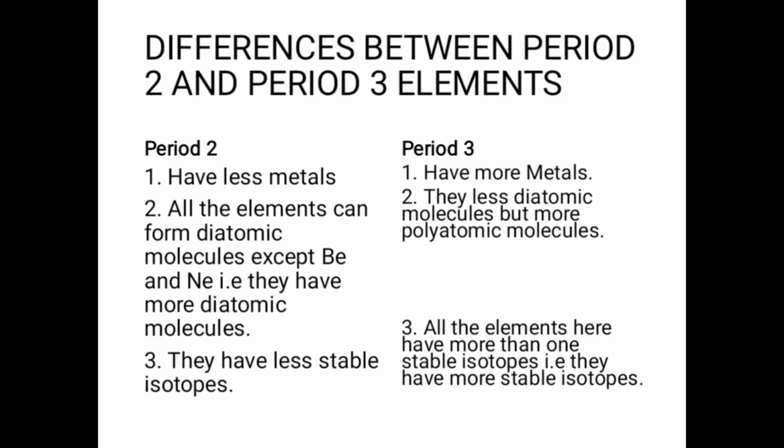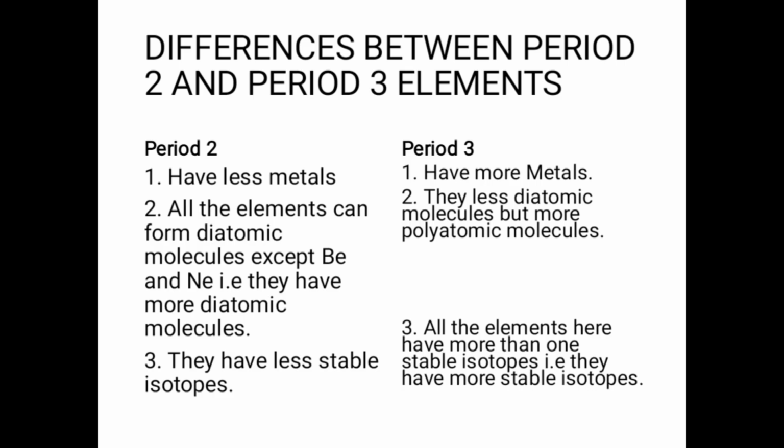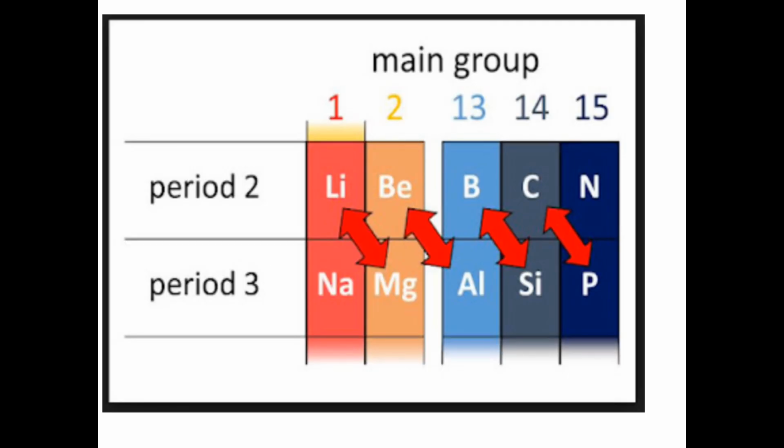But if you check period 3, you have 3 metals. So period 2 has 2 metals, period 3 has 3 metals: sodium, magnesium, and aluminium. That's number 1. Number 2, all the elements can form diatomic molecules in period 2 except beryllium and neon. And why? Because beryllium is a metal, it cannot form the diatomic molecule.